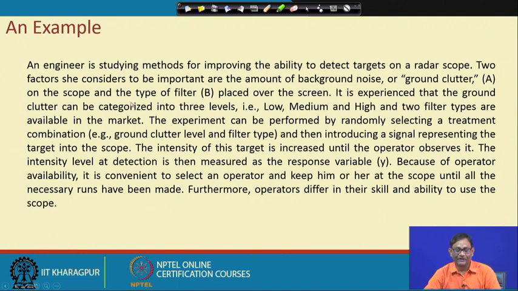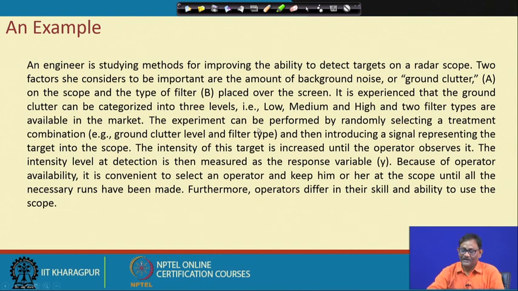These 2 important factors are controllable, because it is assumed that the ground clutter can be controlled, as well as the type of filter. You have the opportunity to choose different kinds of filters. So, that is controllable. It is experienced that the ground clutter can be categorized into 3 levels, low clutter, medium clutter and high clutter, and 2 filter types are available in the market.